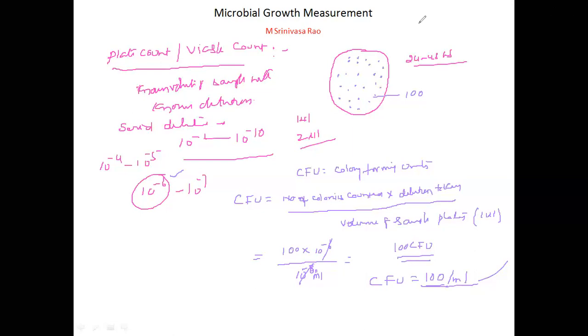And now let us talk about indirect methods. Indirect methods are methods in which we do not directly measure the microbial number, because most of the time it is a constraint to count each and every cell because of its size.